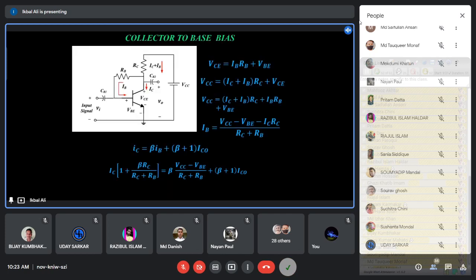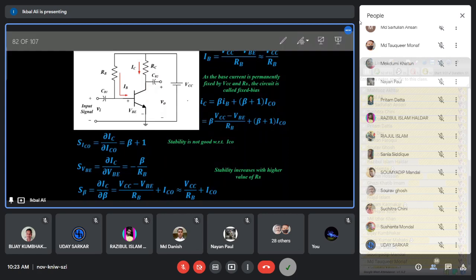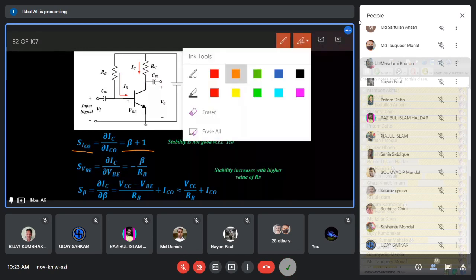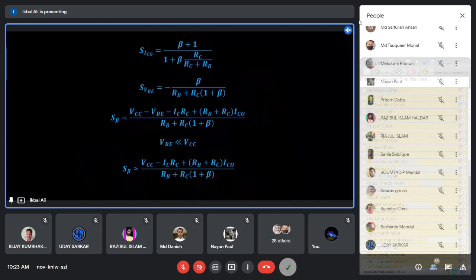You see that for the fixed bias circuit, SICO, the stability factor with respect to collector saturation current, was beta plus 1. But in case of the collector to base bias circuit, you see that SICO becomes beta plus 1 divided by a factor.